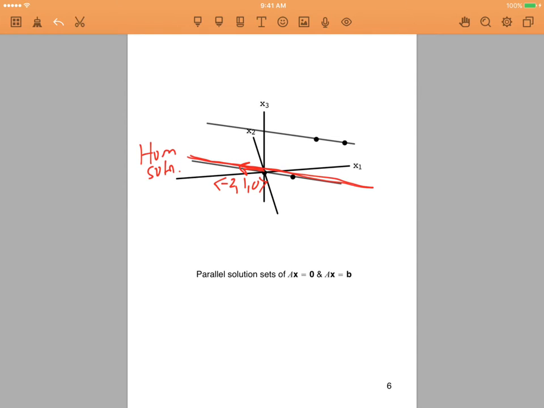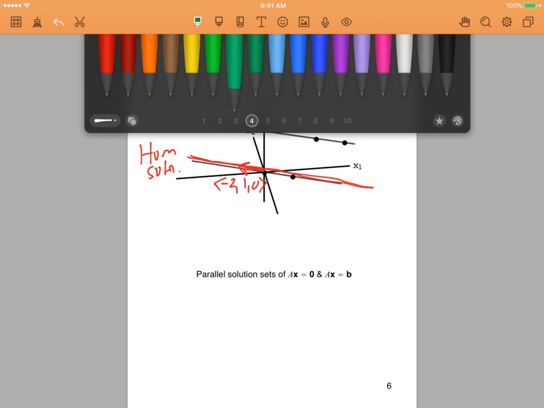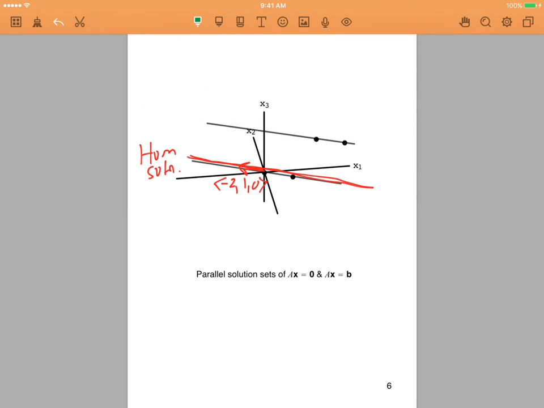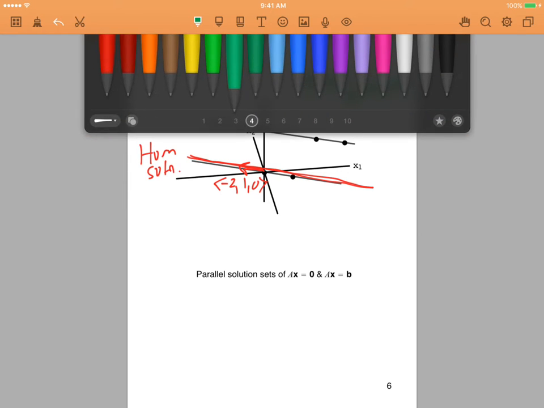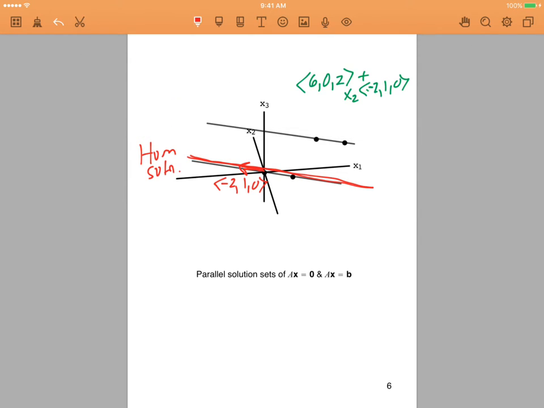Let me switch colors for this. Remember it was, I'm going to write this the other way, 6, 0, 2 plus multiples of negative 2, 1, 0. Just to have it be corresponding, I'll now describe the whole line as multiples of negative 2, 1, 0.